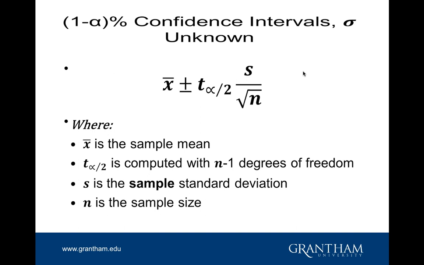So what do these symbols stand for? The x bar is the same thing that we've been referring to in the past. It's the sample mean. The x bar is also referred to as the point estimate. The t alpha over 2 is computed with n minus 1 degrees of freedom.